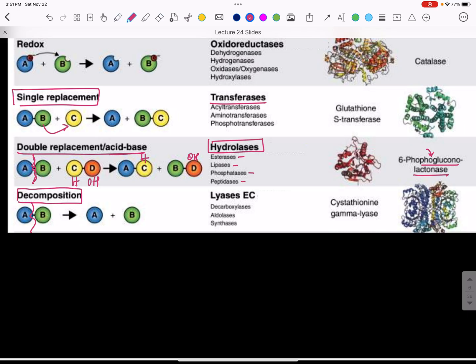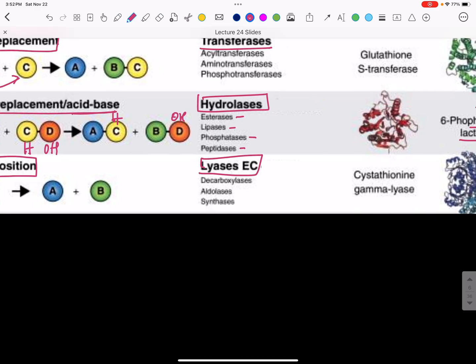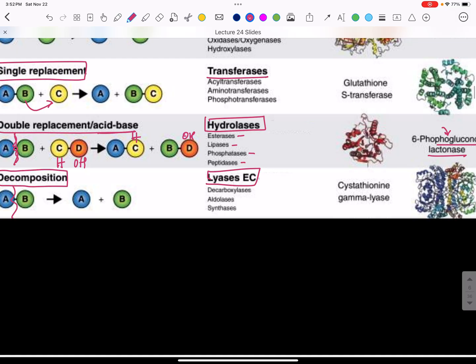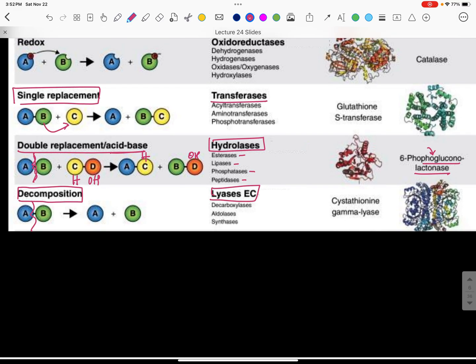So these enzymes are called lyases. Lyases break the bond, and unlike the hydrolases, lyases do not add any compound. When hydrolases break the molecules, they add water to the fragments, but here it's just a bond breaking reaction.